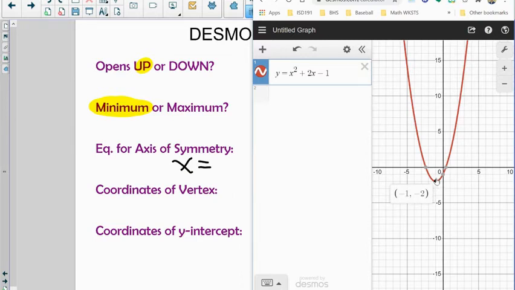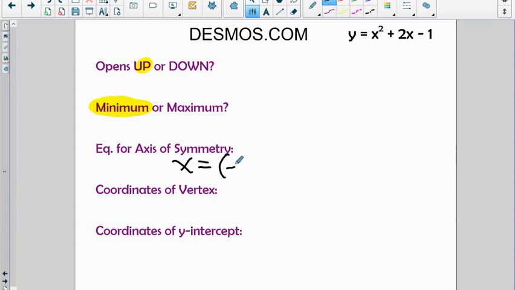So the axis of symmetry is going to go straight through the x-axis from there, which will be right at -1. And like we talked about on the last page, if the vertex has an x-coordinate of -1, the axis of symmetry is going to be x equals -1. So you can think of it as, the x value is -1, so x equals -1 is your equation.